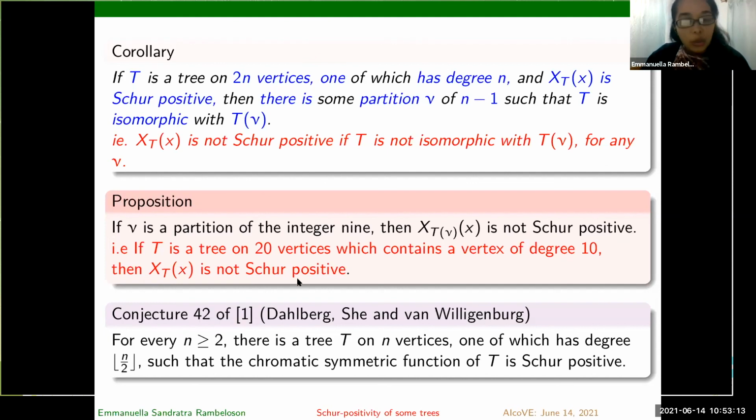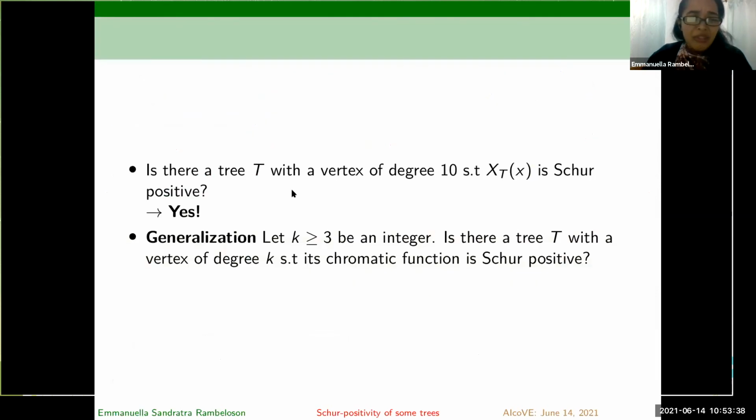And that's the reason why this conjecture of Dahlberg, She, and van Willigenburg is false, since we cannot find a tree on 20 vertices that contains a vertex of degree 10 such that its chromatic symmetric function is Schur-positive. Now we may ask, can we find a tree T with a vertex of degree 10 such that its chromatic symmetric function is Schur-positive?